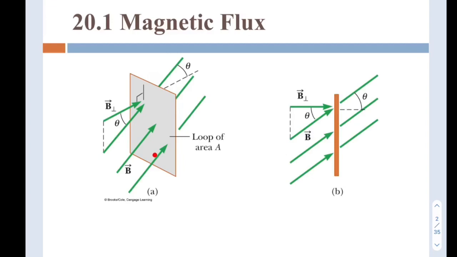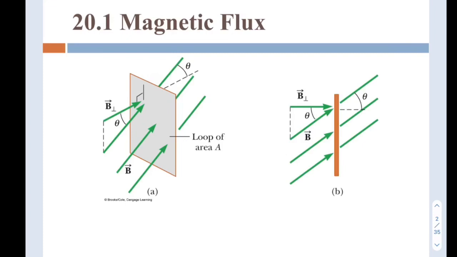So the strength will be different, right? That is explained by the flux. So basically, flux is how big the strength of the B is that penetrates a specific amount of area.